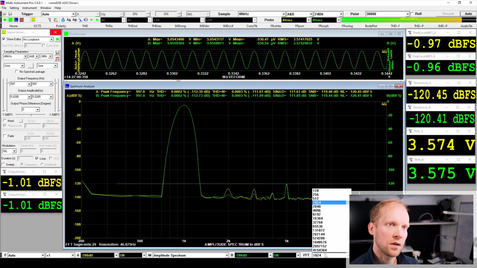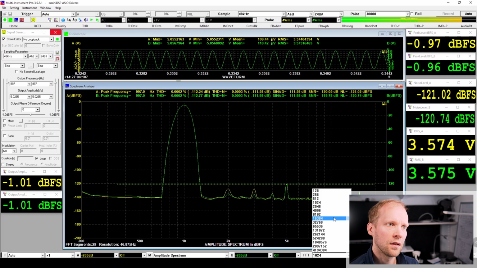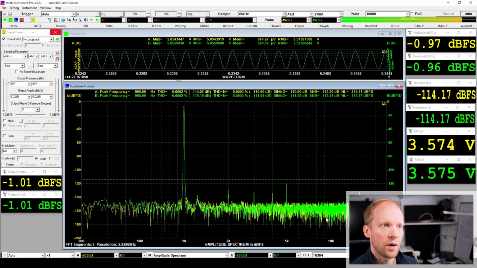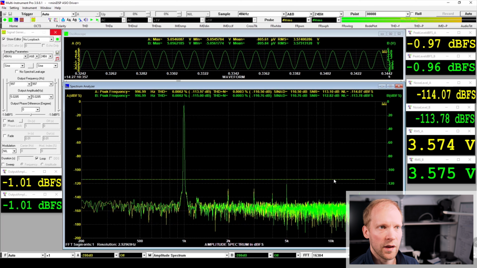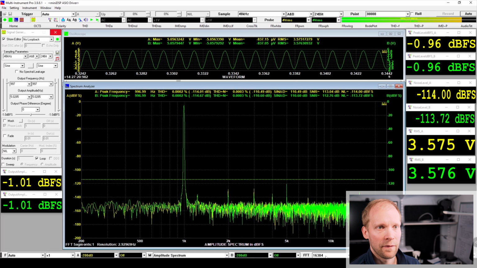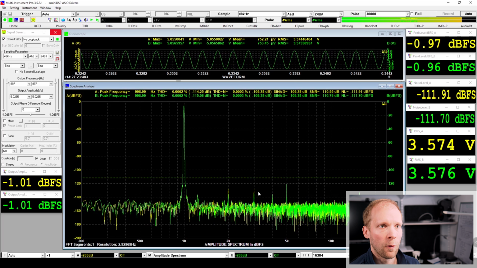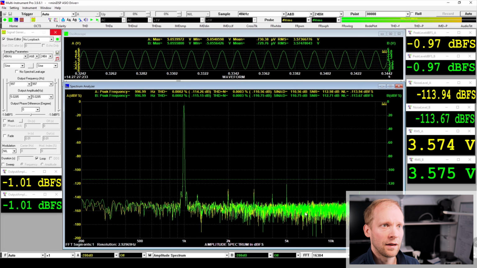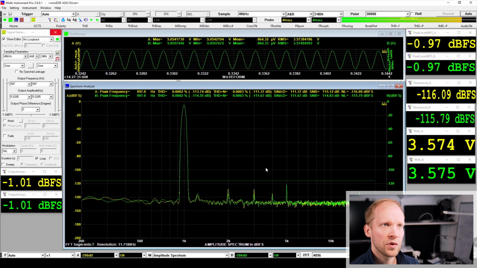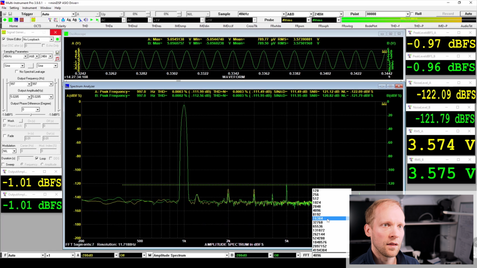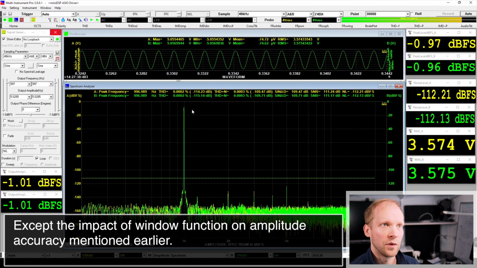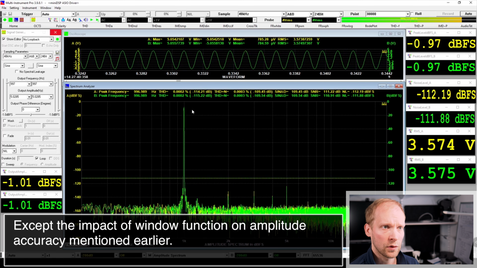And when you start increasing the FFT length, the bandpass filters get narrower, your resolution goes higher. That's one very important concept also in FFTs, that if you look at these tones, the fundamental and the distortion components, and when you change the window length, they remain the same height, so the amplitude remains constant for those.